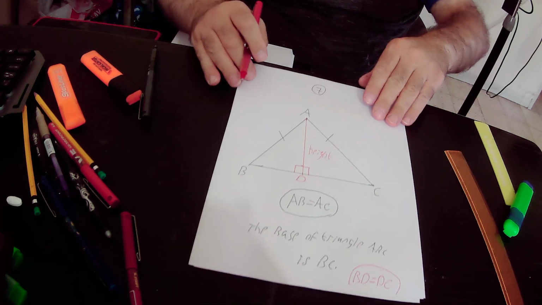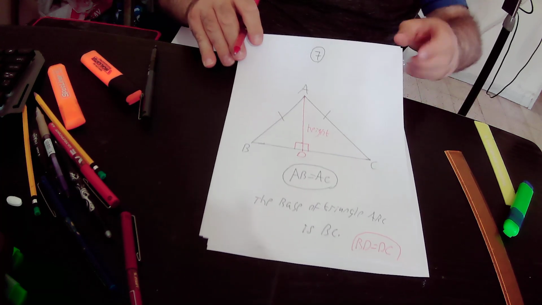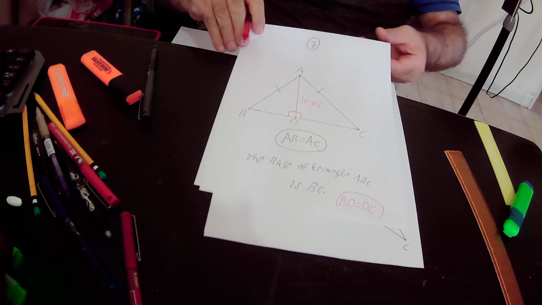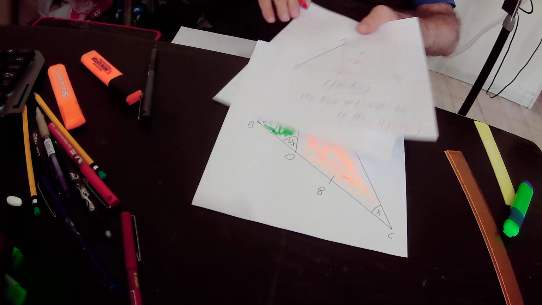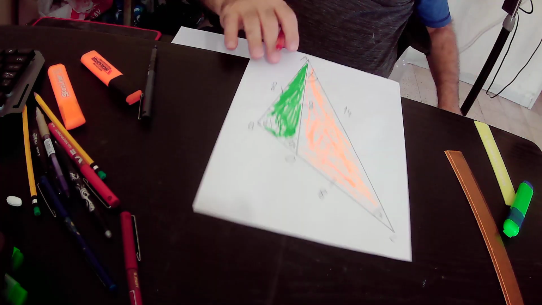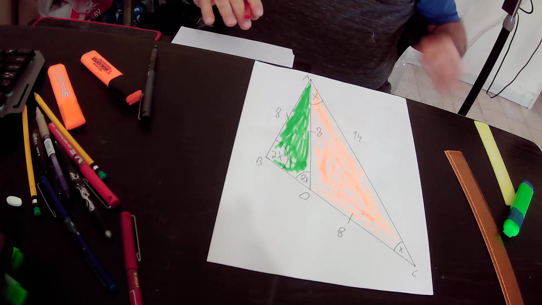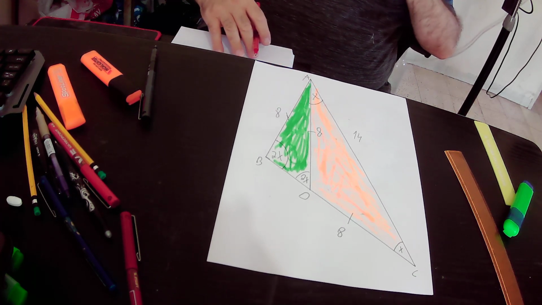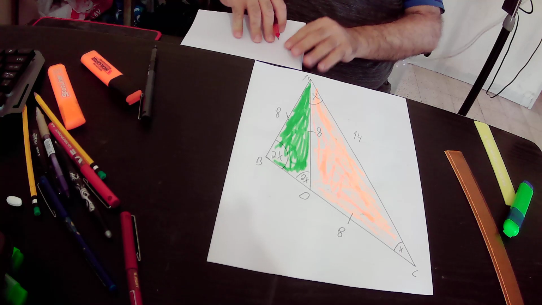So again, we can implement rule number 3 in our green triangle, triangle ABD.